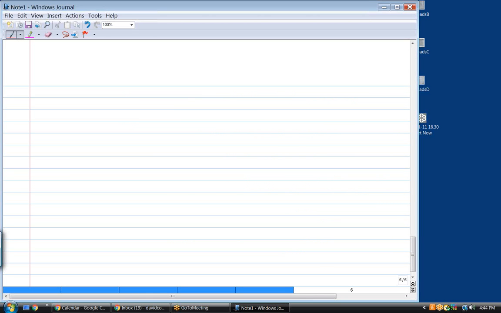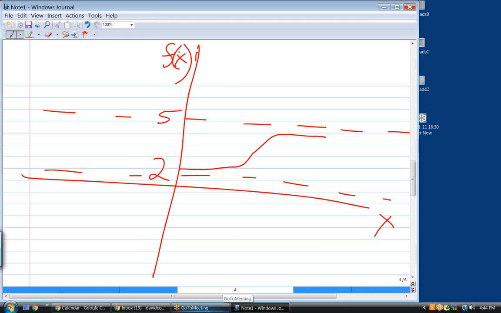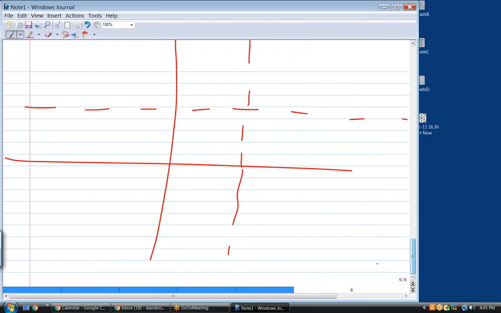And it's important to understand that that's the definition of a horizontal asymptote. If I have a horizontal asymptote up there, and whether I have a vertical asymptote or not, the definition of horizontal asymptote is what does f of x go to as x goes to infinity?